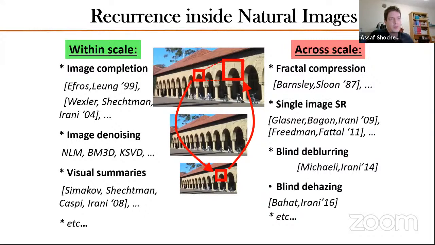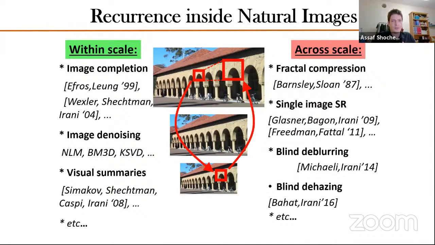It's called fractal compression, from the 80s. And then there were many works in our lab. I think the most famous one was the super resolution from 2009, but also work on deblurring and dehazing and others.